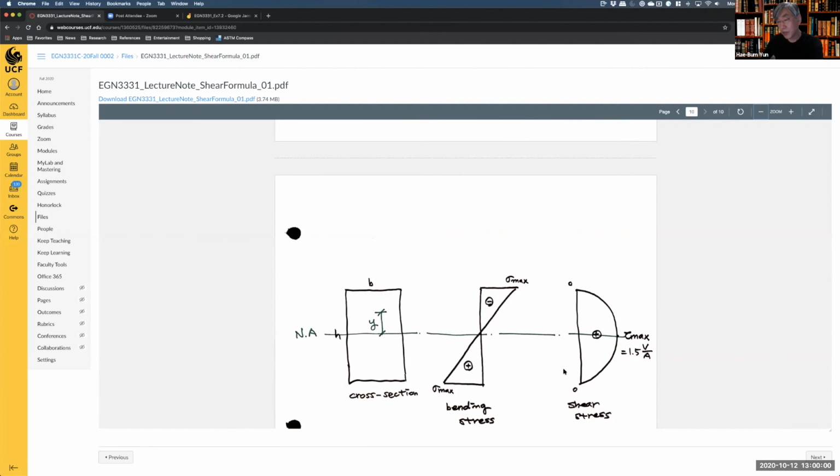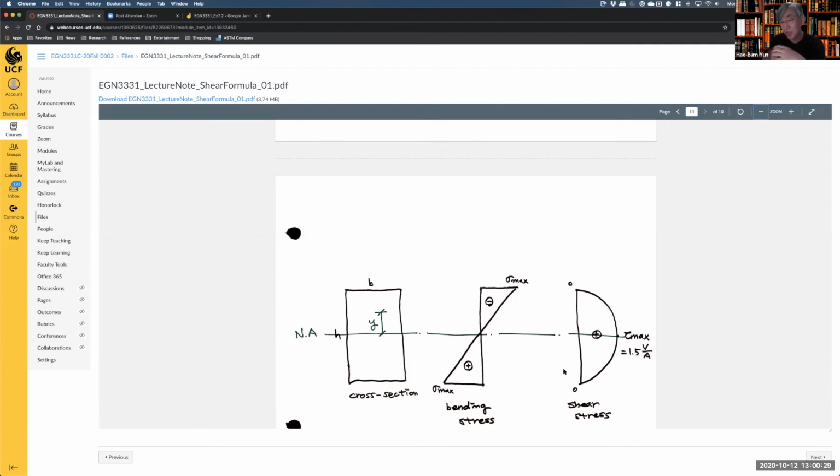Feel free to let me know if you have questions. Understanding this is very important. Of course, we will go over solving problems together, and then it will make more sense. But I want you to see the physical meaning of this mathematical formula, which is very important.